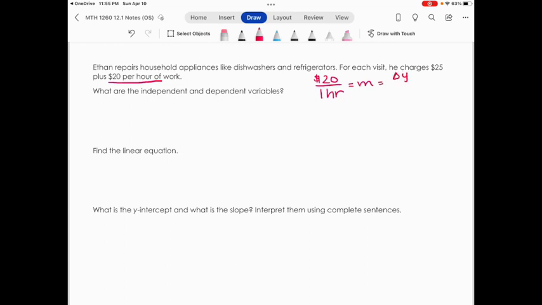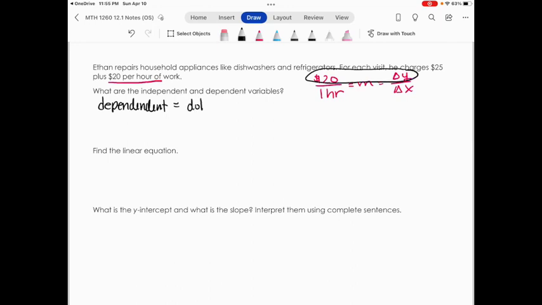And remember, our slope is the change in y over the change in x. So that will help us determine what our independent and dependent variables are. So for our dependent, that's our y value.